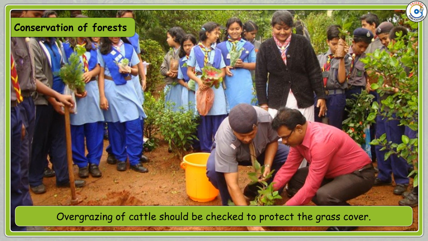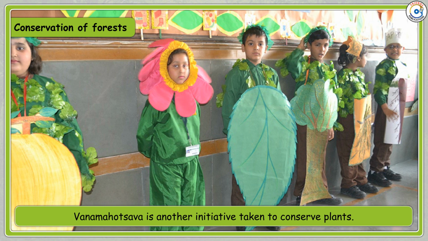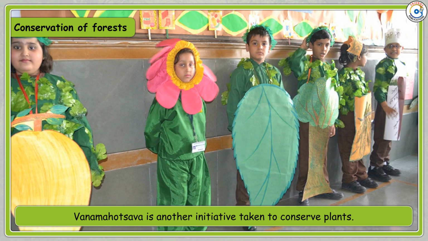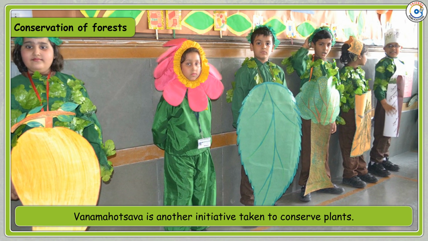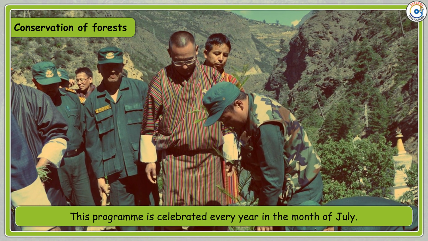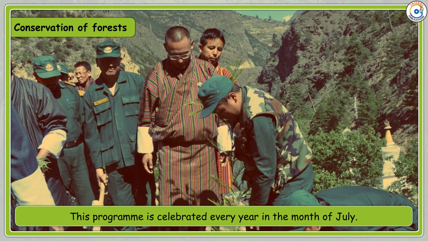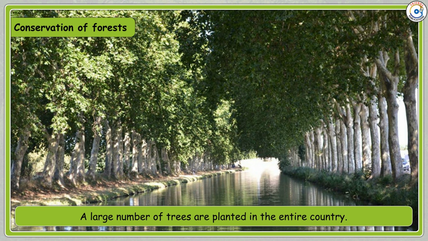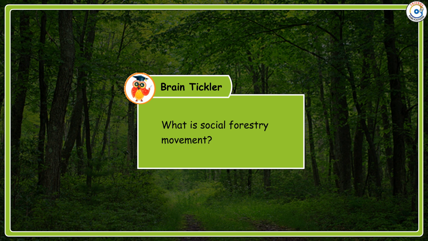Overgrazing of cattle should be checked to protect the grass cover. Vana Mahotsav is another initiative taken to conserve plants. This program is celebrated every year in the month of July. A large number of trees are planted in the entire country. Brain tickler. What is social forestry movement?